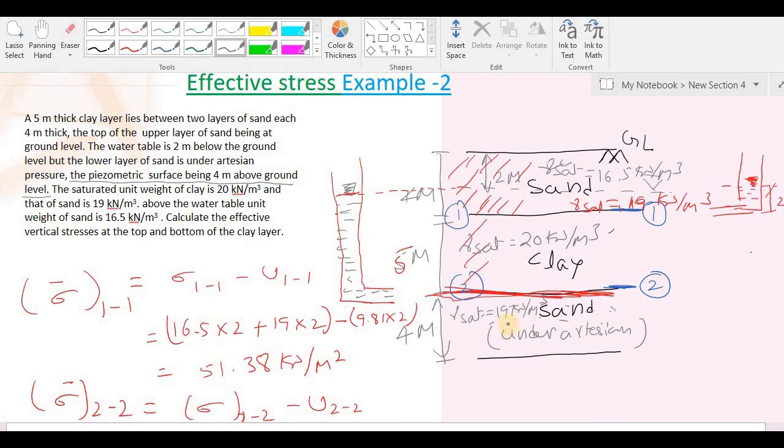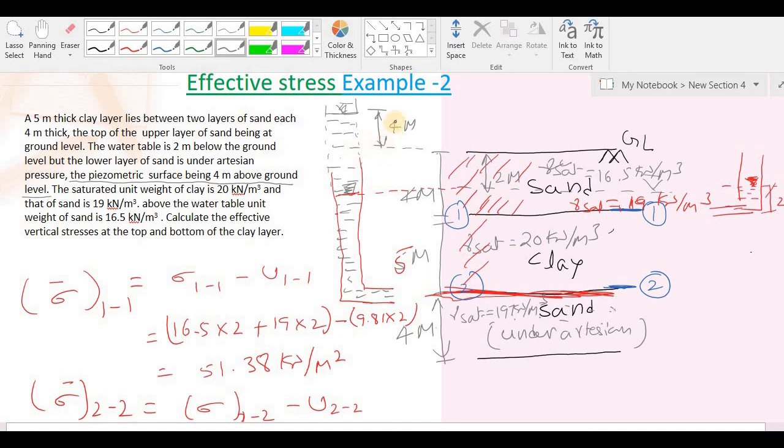Due to this artesian pressure, he said that the piezometric surface is 4 meters above the ground level. It means if you place a piezometer, the water level in the piezometer will rise till this point, which is 4 meters above the ground level. Due to artesian pressure, this is the extra height.